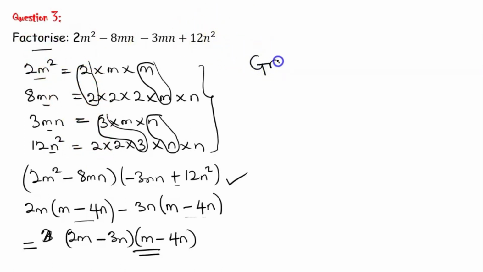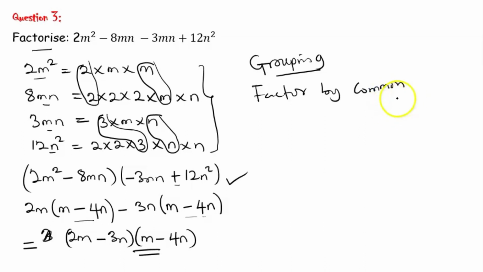That means that one cannot be done the way we have been doing it. You have to first group, and after grouping, you then factorize by the common factors. I believe we are understanding this and there is no problem at all. This is how this is being solved.